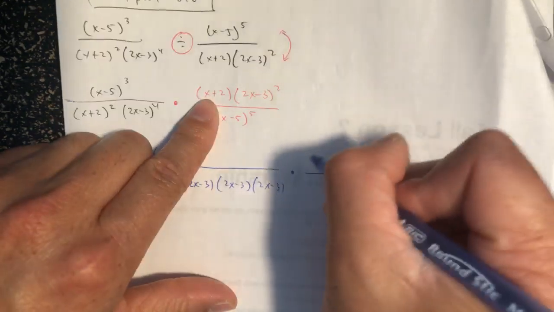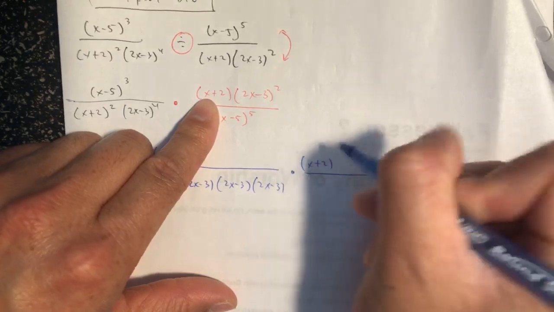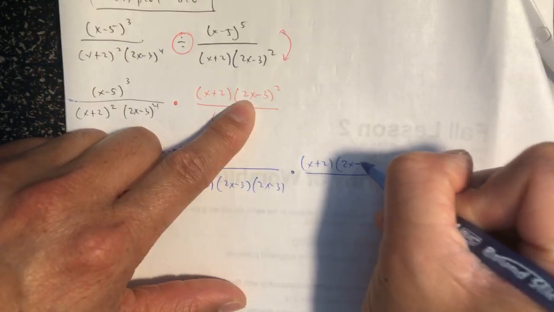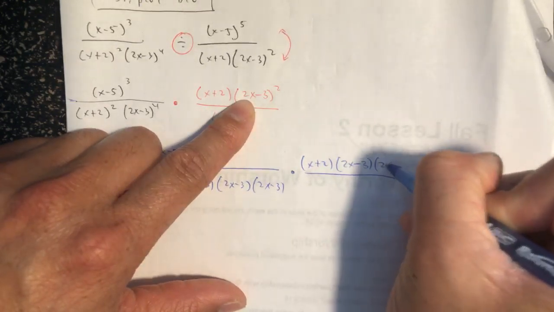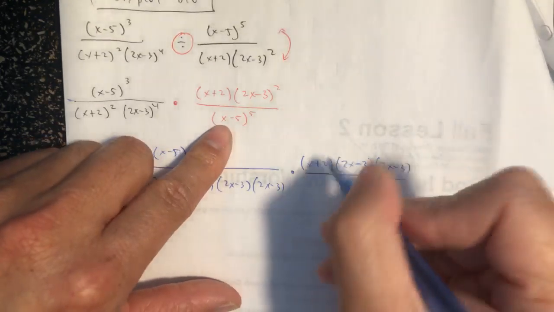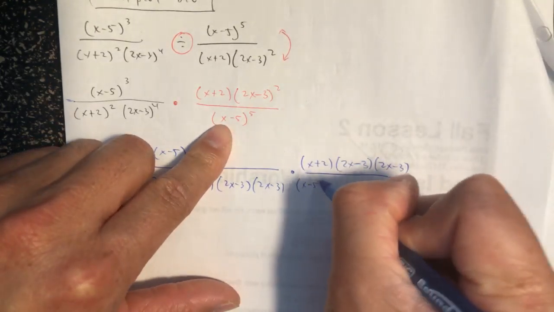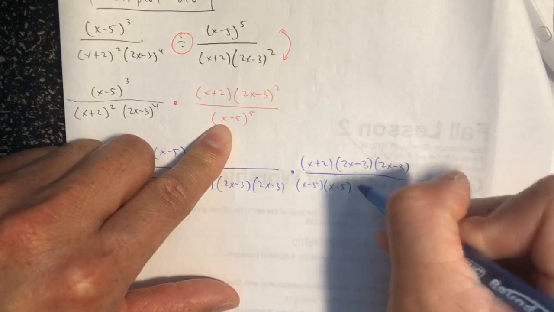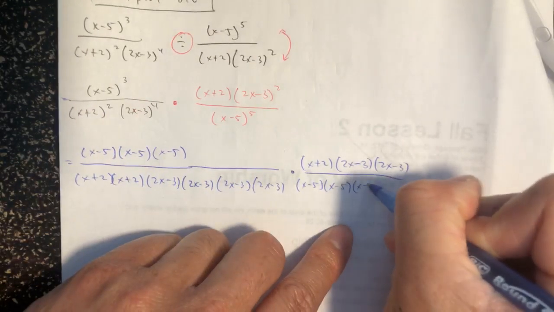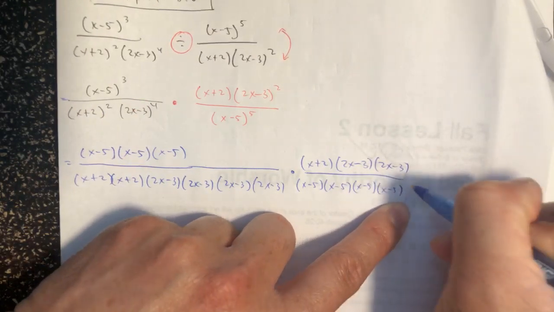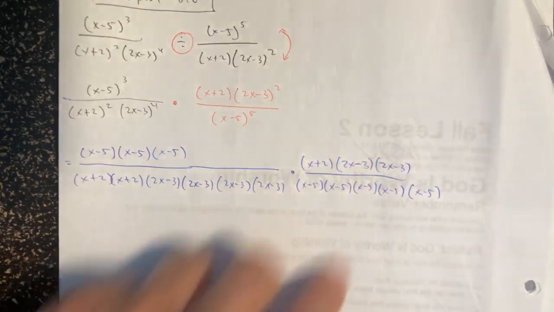And then you have 1 here, 2 here. And then you have 5 of these. 3, 4, 5.